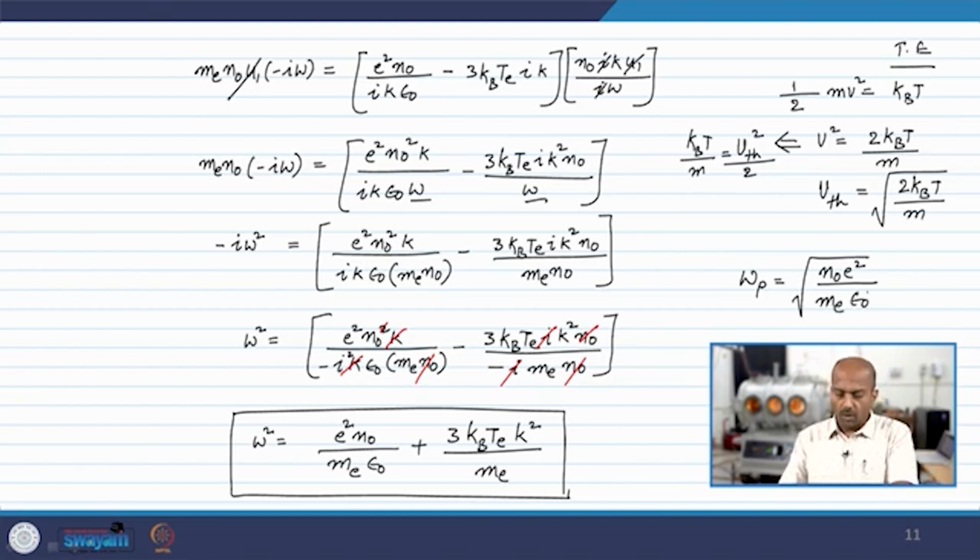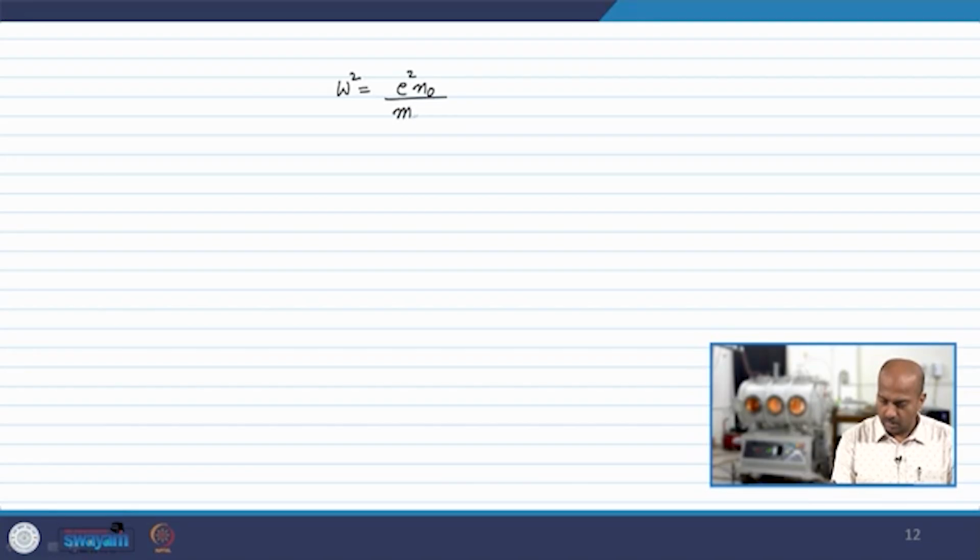So, we can substitute all of these into the equation and rewrite omega square is equal to e square n naught by m_e epsilon naught plus 3 k_B T_e times k square, the wave vector, by m_e, right.